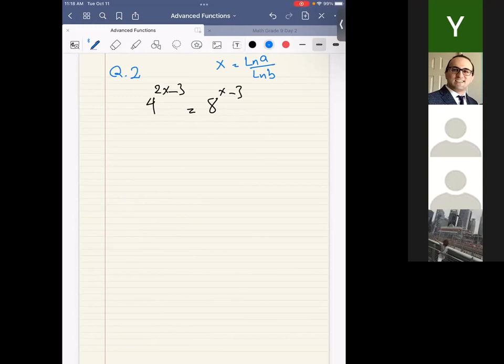That's why I want to do this in 2 ways. Here is solution 1.